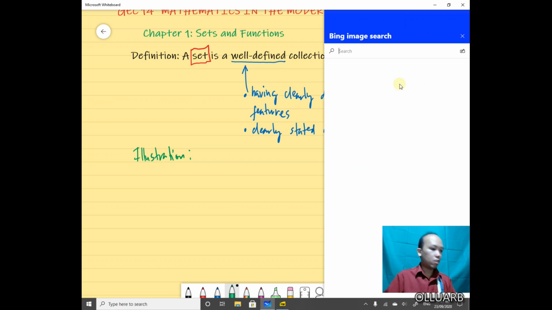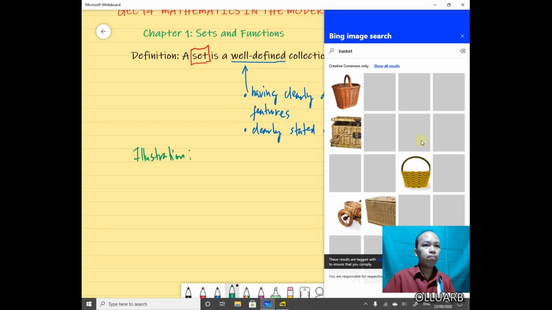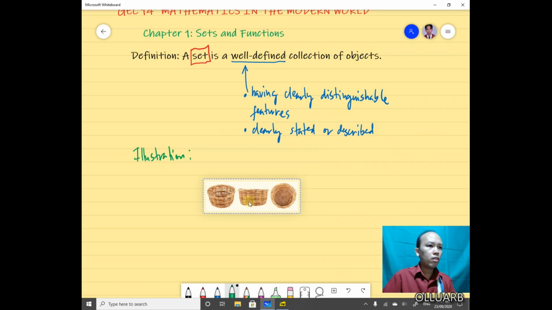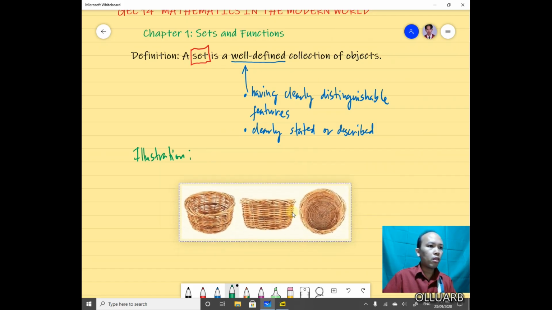Let's search for something like a basket, and let's make it big enough.